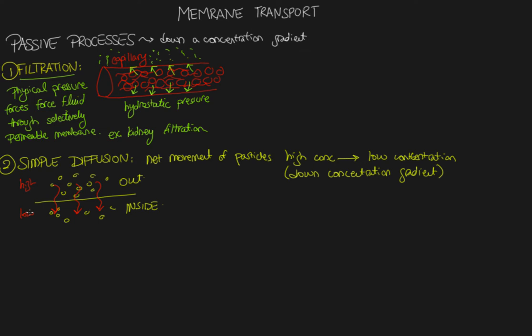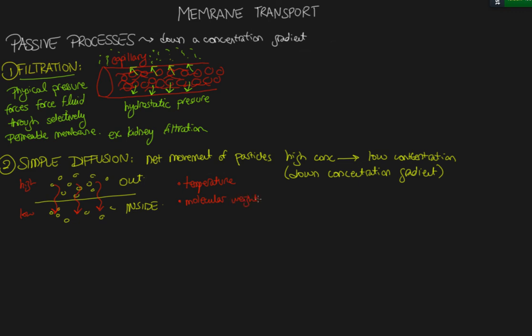There are some factors that are going to speed this movement or this diffusion, and so temperature is one factor that is going to affect the speed of diffusion. And so as you heat up the particles will move faster, and then diffusion will occur at a faster rate. Also, the molecular weight of the particles.